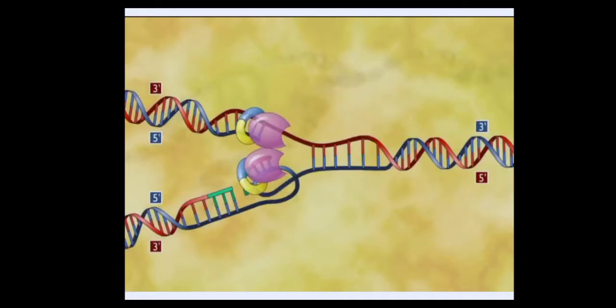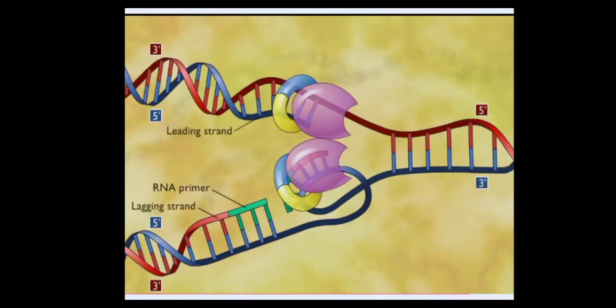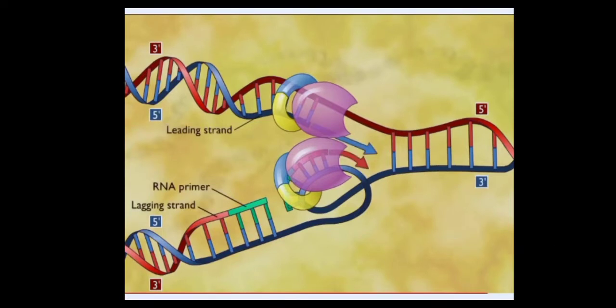The current view of DNA polymerase III is that two subunits function together, with the DNA on the lagging strand folding to allow the dimeric DNA polymerase molecule to replicate both strands of the parental DNA duplex. Proteins other than DNA polymerase III are not shown.